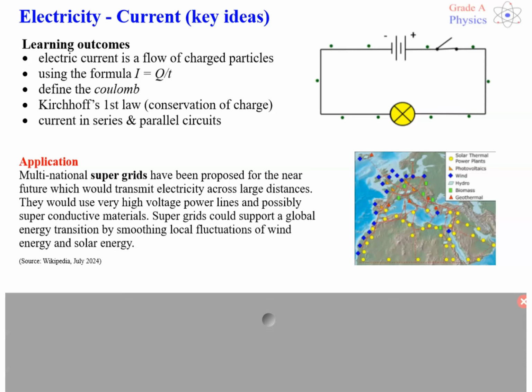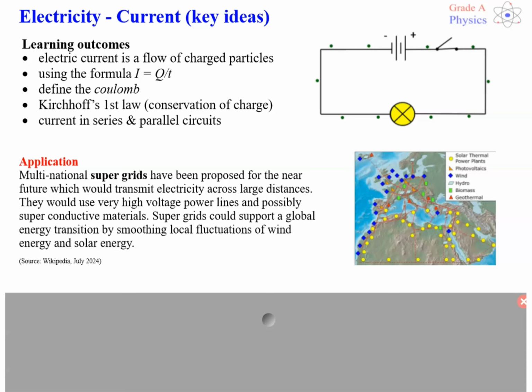in the modern world. One particular scenario, which I think is very interesting, is the idea not just of a national grid, but of an international grid. So sometimes referred to as a supergrid. As far as I'm aware, these are just proposed. These don't actually exist yet, but they bring into context lots of ideas of electricity in terms of obviously current, but resistance and resistivity, maybe superconducting materials.